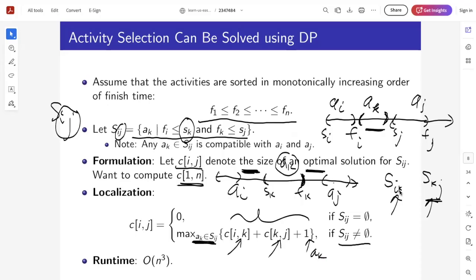We want this K to reach the maximum. If Sij is empty, then you don't have any solution there, so this is equal to 0.